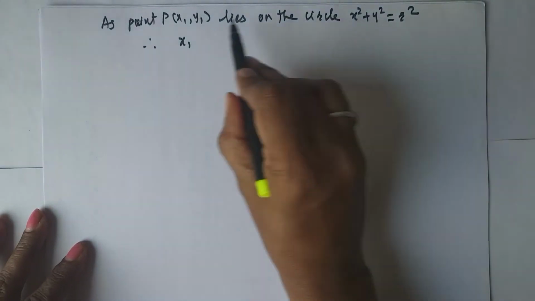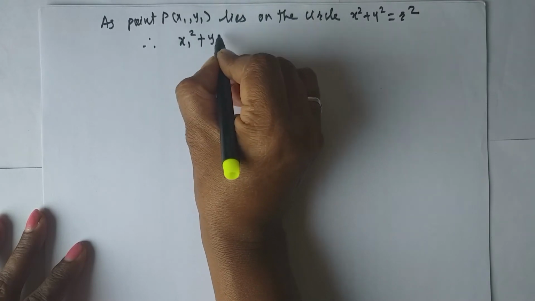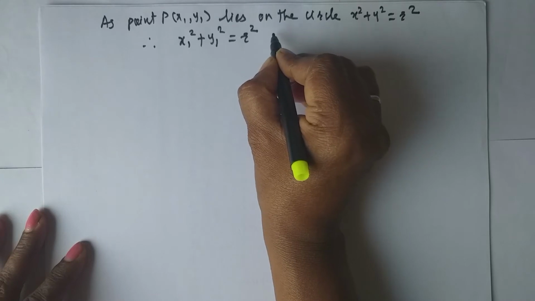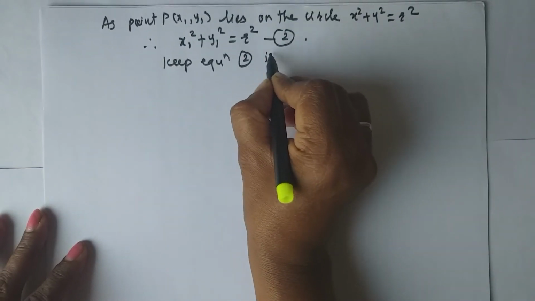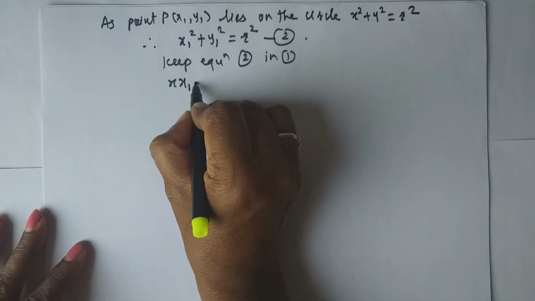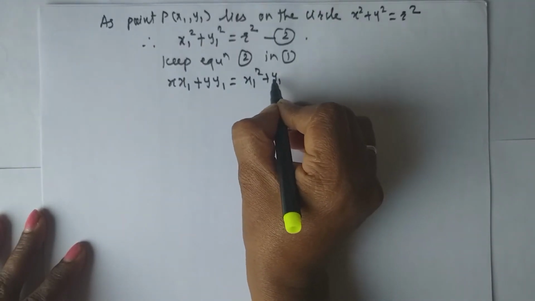Keep the values of x1 and y1 in this equation. Then we will get x1 square plus y1 square is equal to r square. Suppose this is equation 2. Now keep equation 2 in 1. And what is our equation 1? Our equation 1 is x1 x plus y1 y is equal to x1 square plus y1 square.